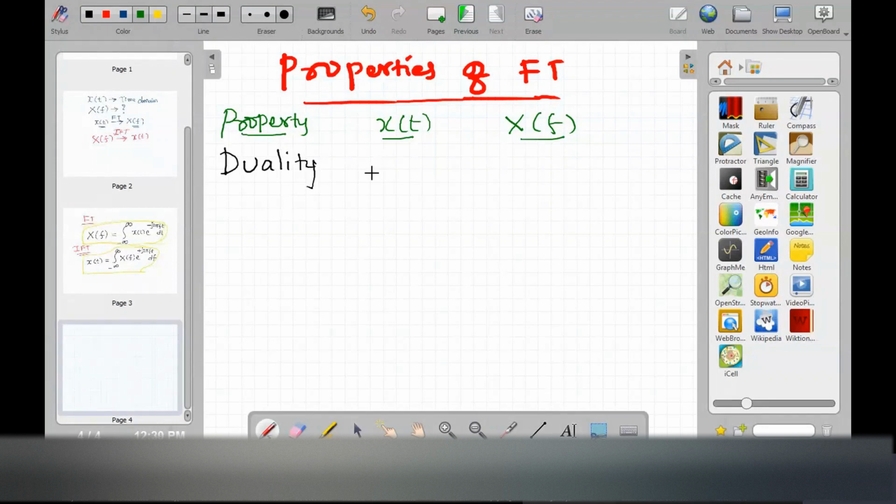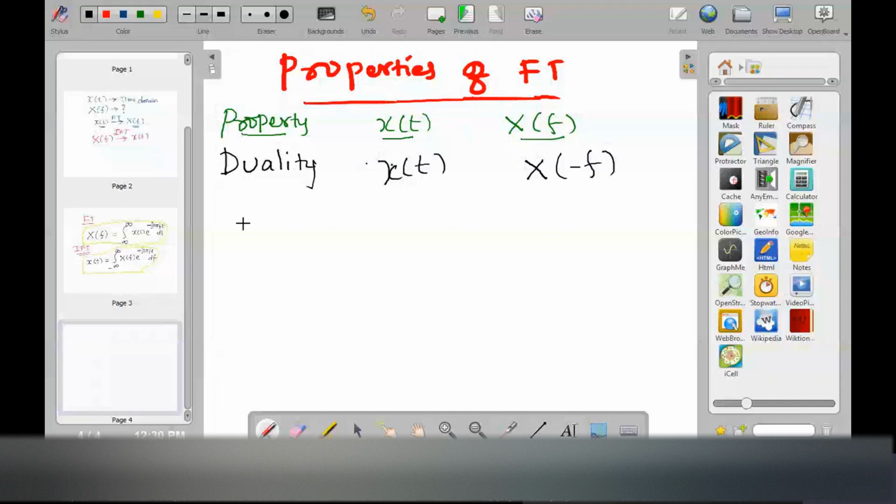So what the duality property tells is that there is a signal called x of t, and if I convert to frequency, this becomes x of minus f. And one more property is called the time scaling property. These properties you might already have studied in your signals and systems, I am just listing them.